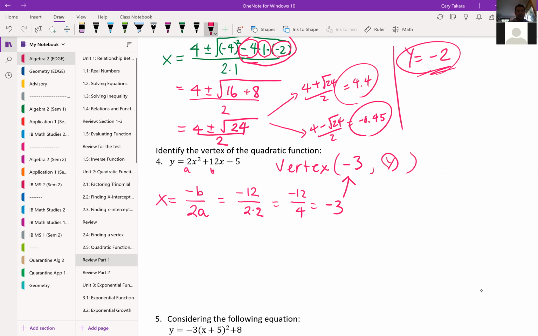Now, how do you find the y coordinate? When x is negative 3, you plug negative 3 back into the equation for x. You okay on that? So you do 2 times negative 3 squared plus 12 times negative 3 minus 5.